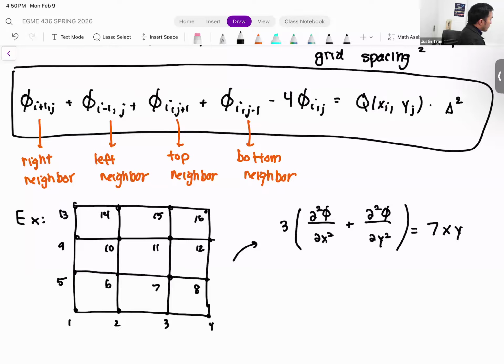Okay. So for this grid and for this equation, typically what you'll be asked to do is, given this equation and this grid, write out the finite difference equations for a certain number of nodes.